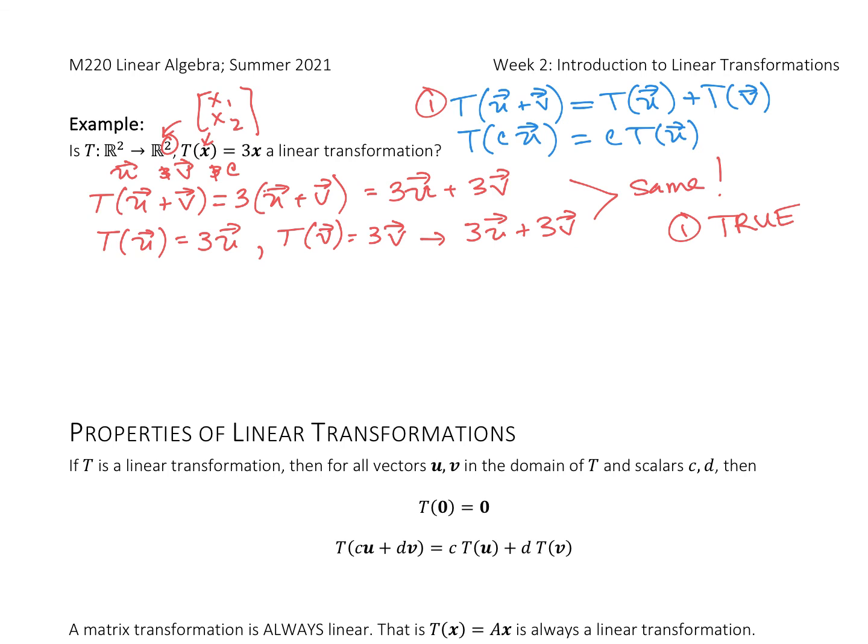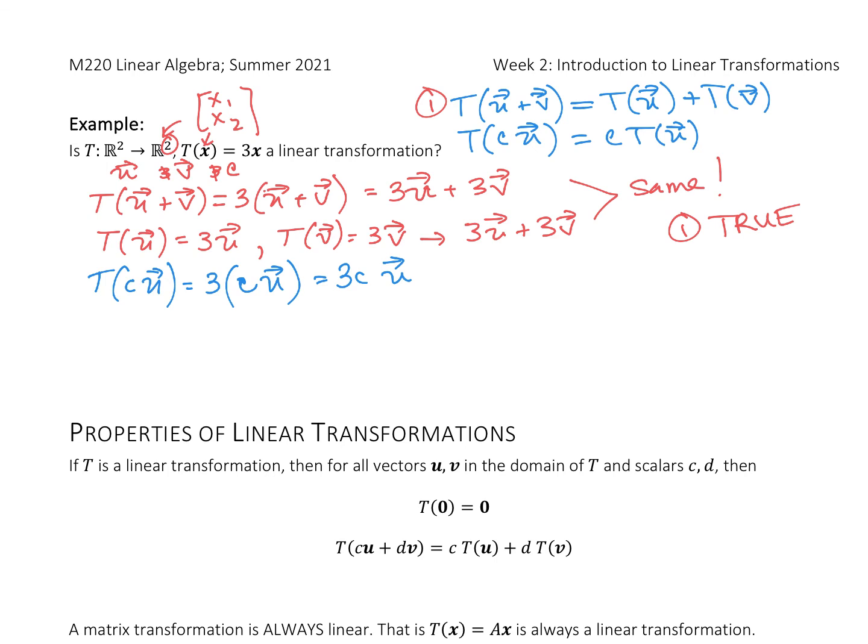The next one I want to show is that if I take my C times my U vector and substitute it in, that would be 3 times C times my U vector. If I simplify this, I can do 3 times C times my U vector.